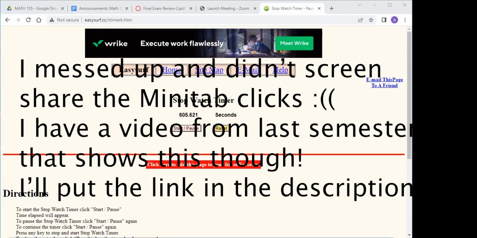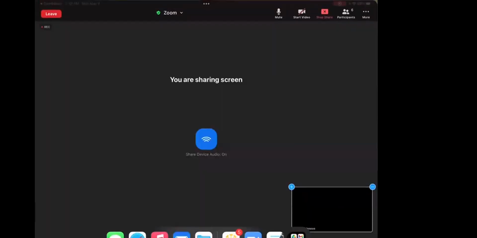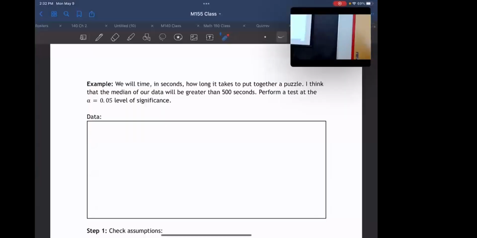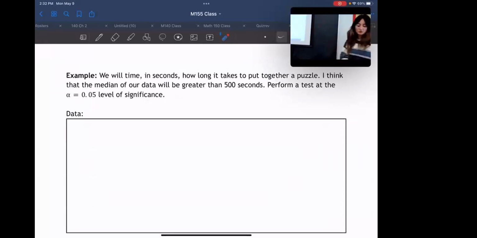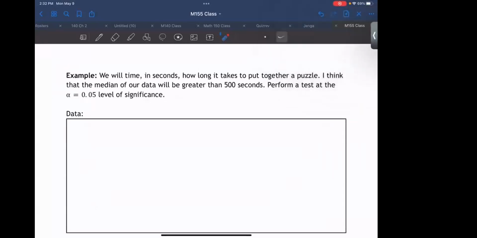Okay, let's go back and formally do this question, and then we'll see if we come to a nice conclusion or not, which means I have to go and get myself set up. Okay, so here's our example. We wanted to find the time in seconds it took to put together this puzzle. We did this by collecting a bunch of data values, right?